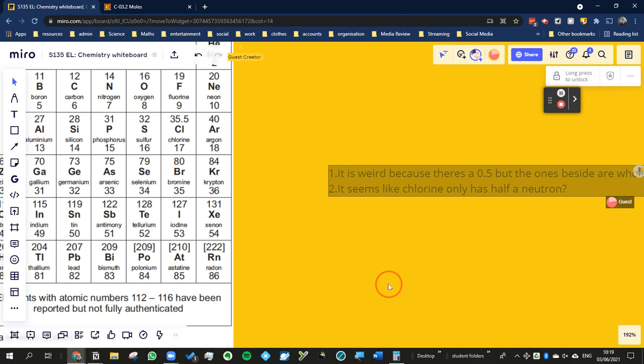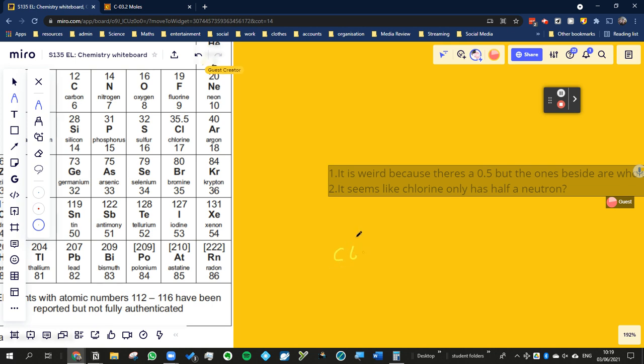The actual explanation is that there are 2 versions of chlorine, or 2 types of chlorine, or 2 isotopes of chlorine.